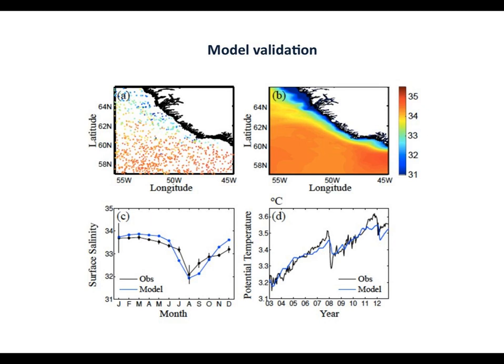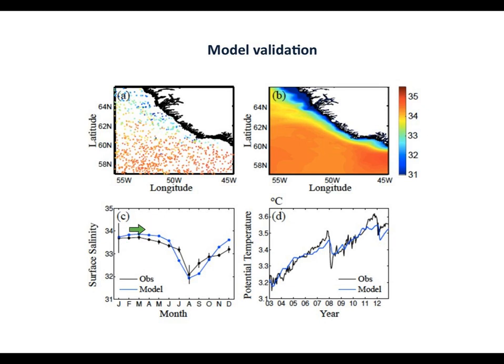This is a model validation. At 2.5 kilometers, the model is doing really surprisingly well. It reproduces the potential temperature in the convective area extremely well over the whole period, and also has a very good representation of surface salinity.